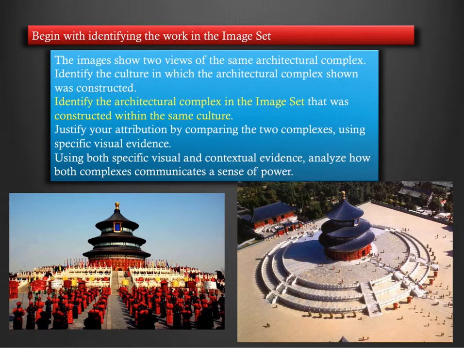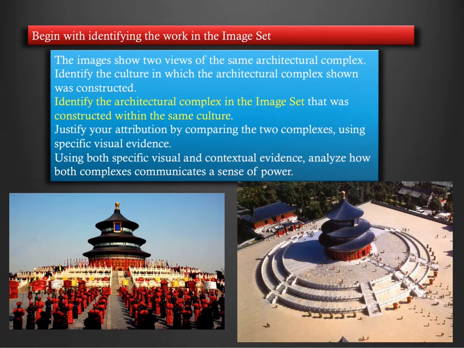Okay, you may have noticed that it's strongly geometric. This one focuses on circles, where the Forbidden City focused on rectangles, but they're both comprised of the geometric arrangements of spaces, and those form symbolic representations of heaven and earth in each of these situations.